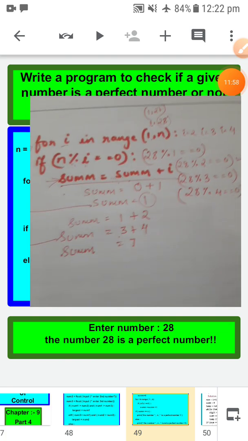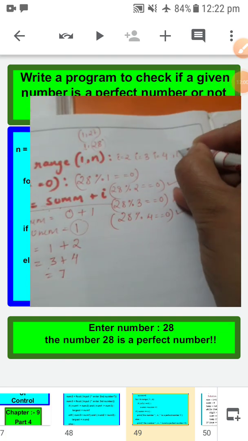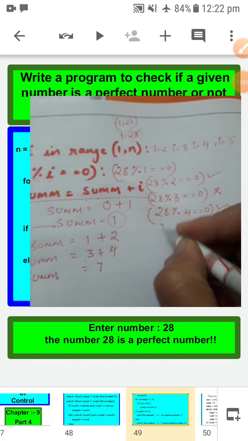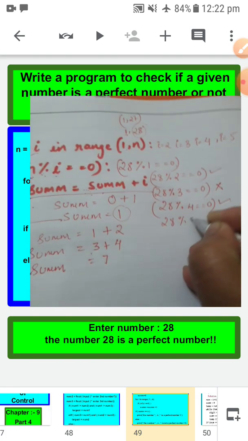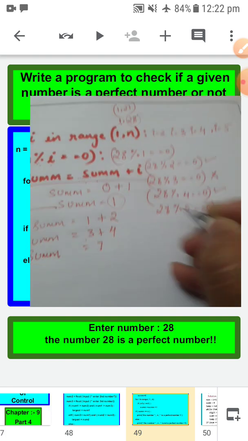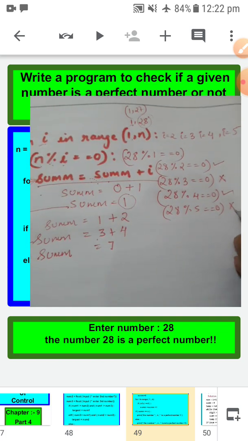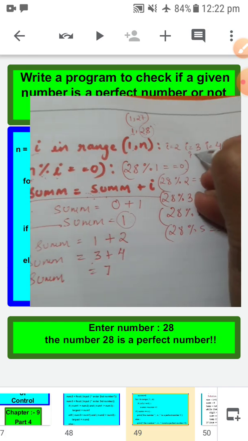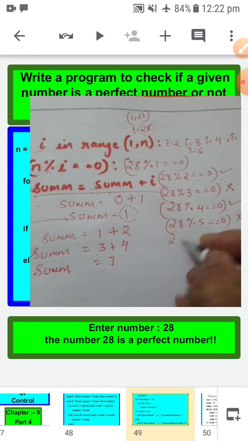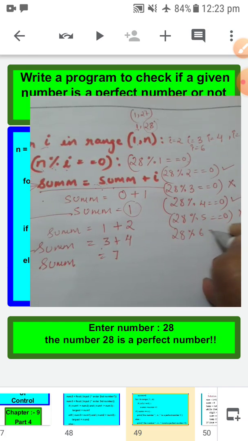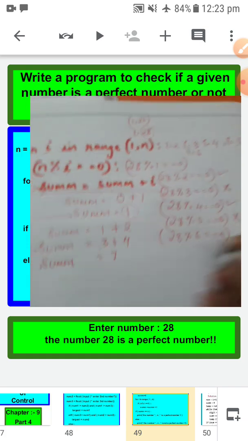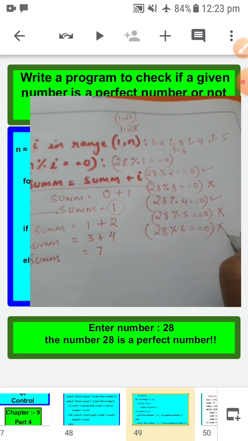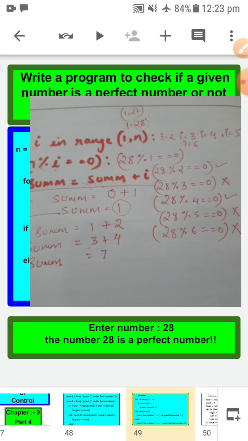Okay, next time I value is 5. 28 mod 5 equal to 0. This condition will be false. So again I is increased by 1. So I is 6 now. 28 mod 6 equal to 0. You will get a false value. Again I is increased by 1.